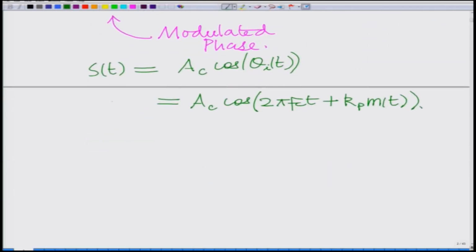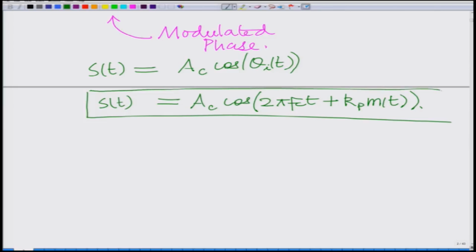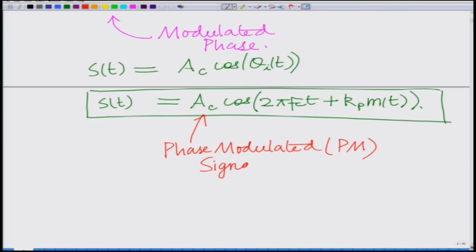So, this is your phase modulated signal, where the phase of the signal is modulated by the message signal m(t).